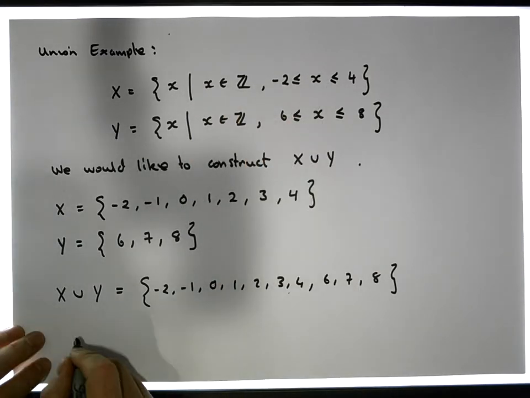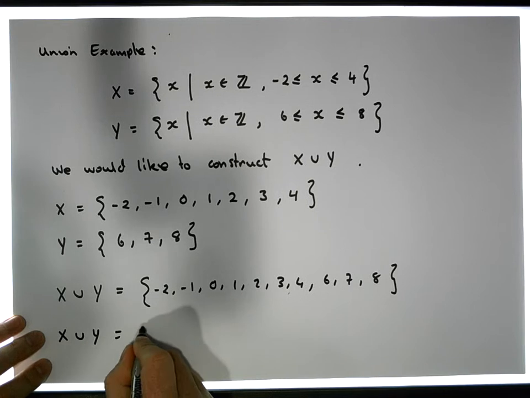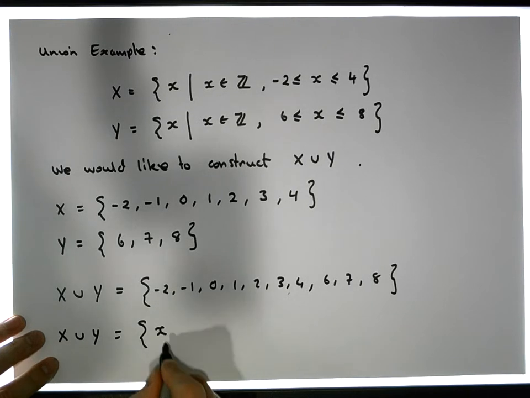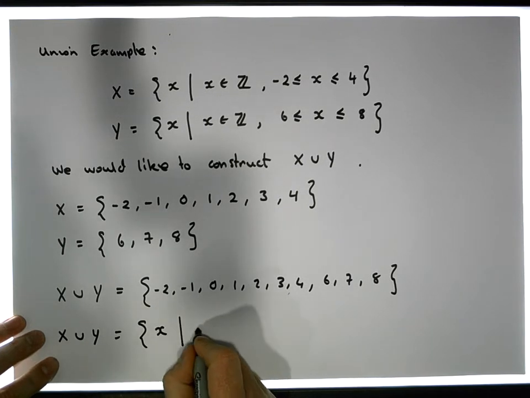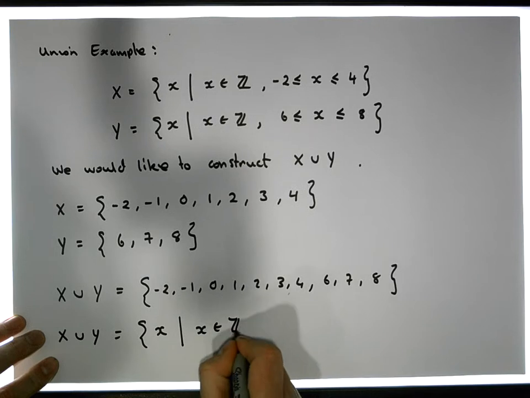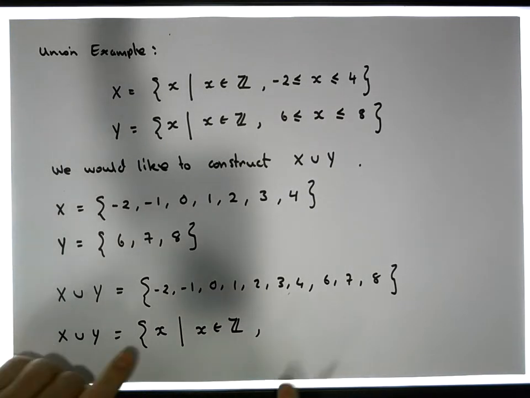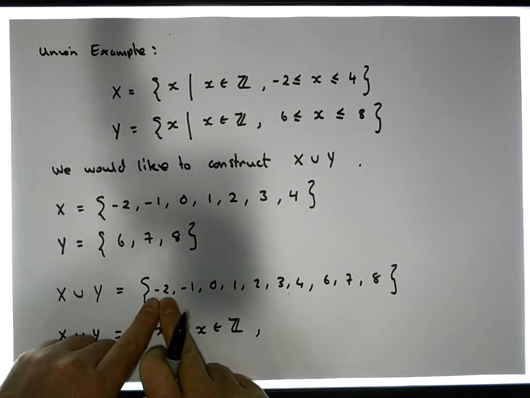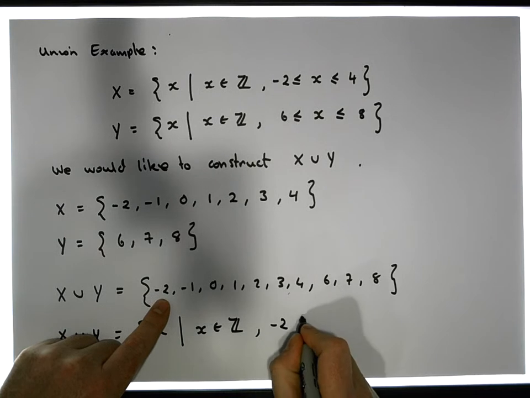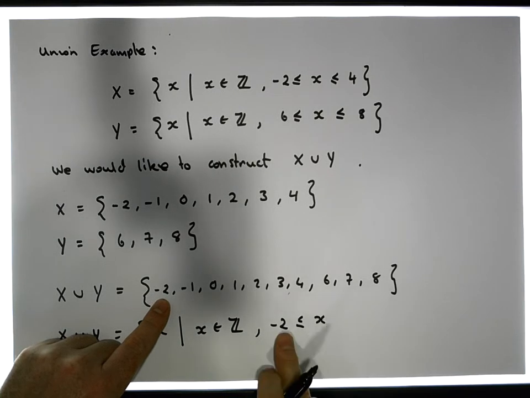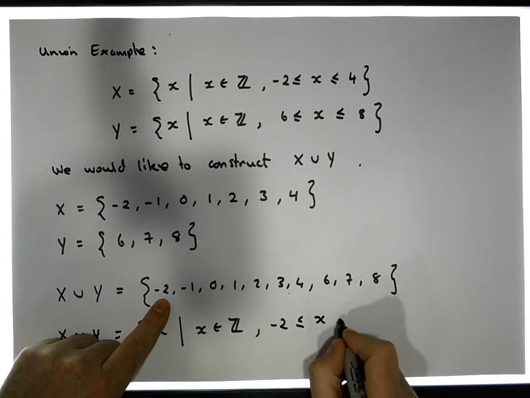So let's do this. X union with Y is going to be the set of members such that the members have to be integers, and these integers need to be greater than or equal to -2 and less than or equal to 8.